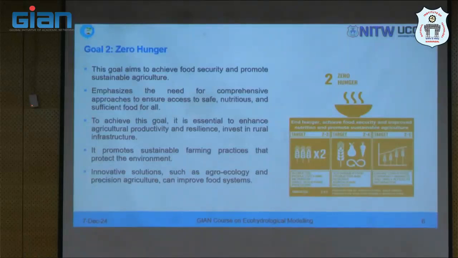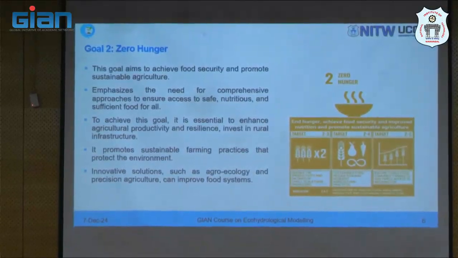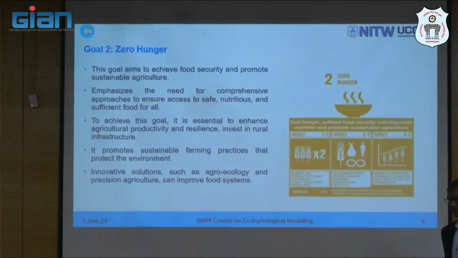You see people suffering from too much caloric intake, and you see people suffering from not enough nutrition and calories. And it doesn't matter whether you are a hydrologist or ecologist or engineer or social scientist. It's something that we all should be working on. What can we do to eliminate hunger?